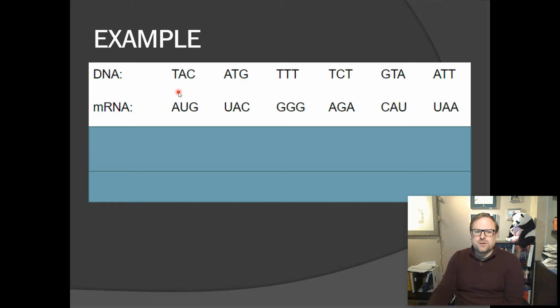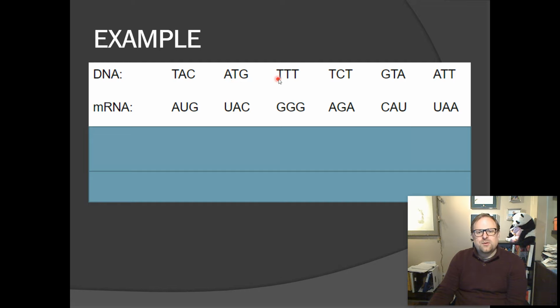A would normally pair with T, but we're in RNA, we don't have T anymore, we have U. So we put a U in. And then C pairs with G. And then A with U again, T with A, G with C.